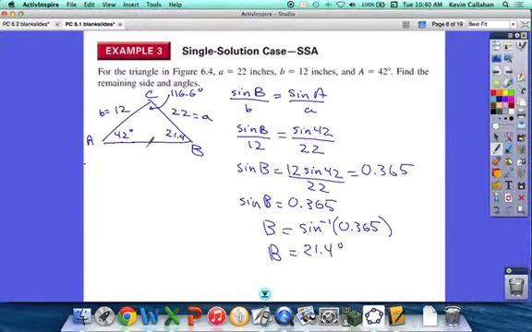And then we can find the remaining side, which is side C. We're going to use c over the sine of C equals, and you could take your pick for what's on the other side. I think I'll do the a and the sine A because I've actually already got those over here. So this will be c over the sine of 116.6 equals 22 over the sine of 42.